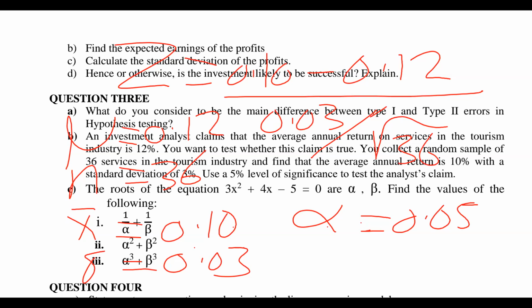Did you get that? Sorry, network kicked me out. Where did we get 0.03? It is the standard deviation, madam. They are saying that the standard deviation is 3%, which is the same as 0.03. Thank you.